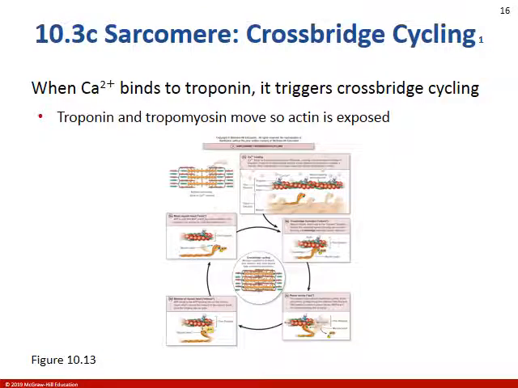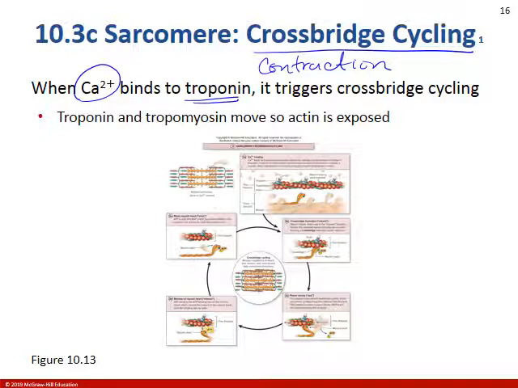So now we finally get to contraction, sometimes called cross-bridge cycling. Most textbooks call this the contraction phase or step. So the calcium that you just released from the terminal cisternae binds troponin, and it causes the tropomyosin to move. Remember, the tropomyosin is the gate. Now the actin is exposed.